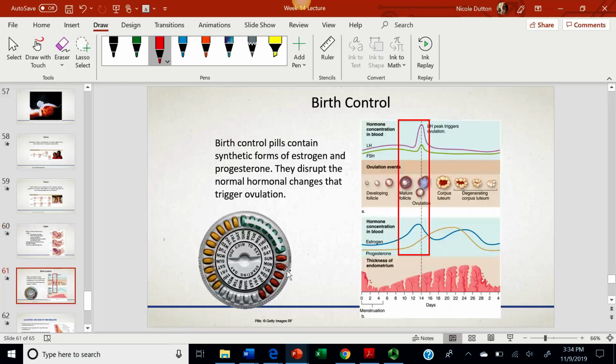Birth control tricks the body into being pregnant. So it is a dose of progesterone, which causes the uterine lining to be maintained. Once the progesterone goes away, then you typically have menses. But because the progesterone is present, it prevents you from ovulating. It also causes the buildup of a mucus plug in the cervix.